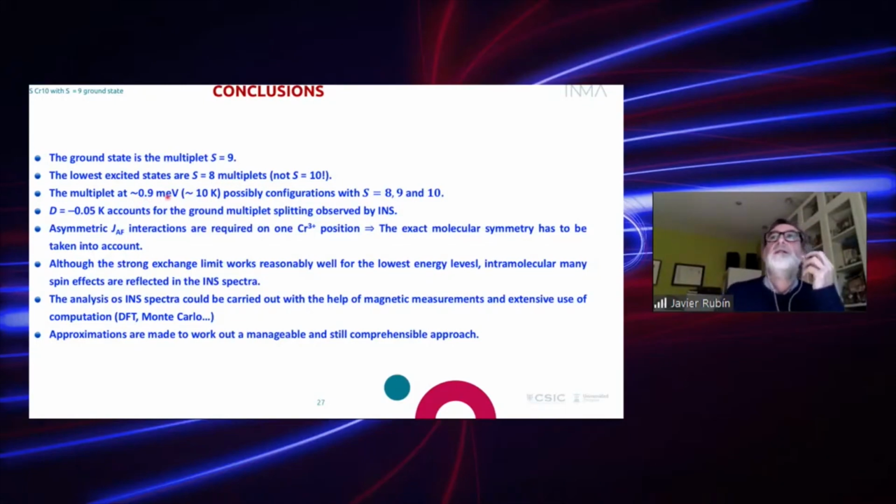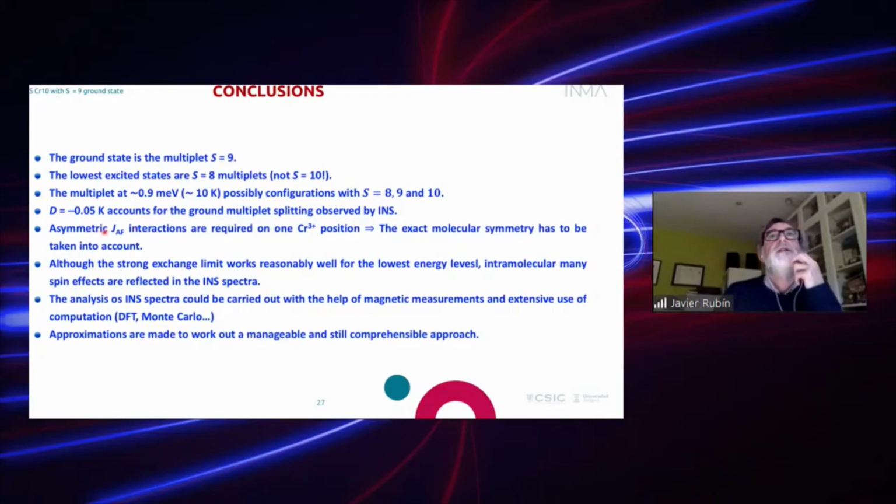And we can see maybe some other possibility, other configurations at about 10 Kelvin that are compatible with EPR. We have to change the molecular anisotropy constant a little bit compared to what was previously claimed by EPR.